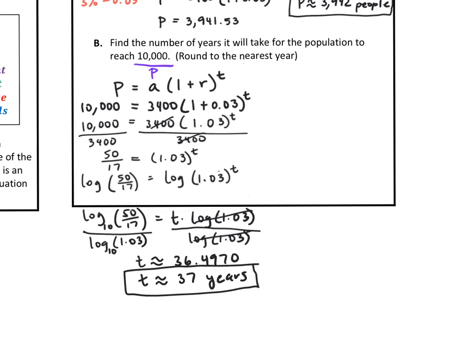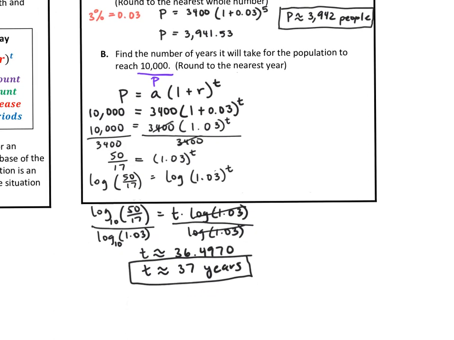That's a long time, right? So it's going to take approximately 37 years for the population to grow to 10,000 when it started at a population of 3,400, right? If it's currently 3,400, it'll take 37 years to reach a population of 10,000.